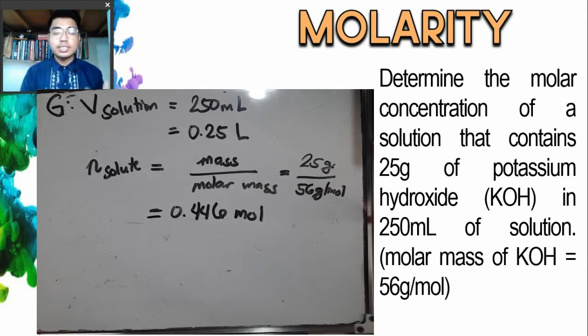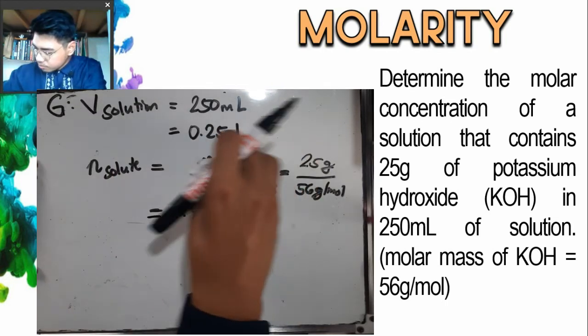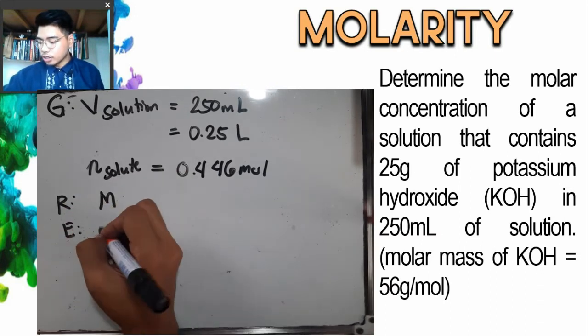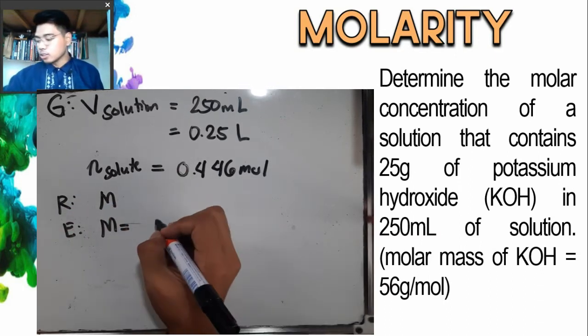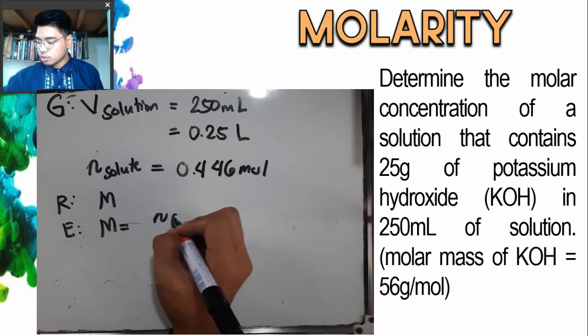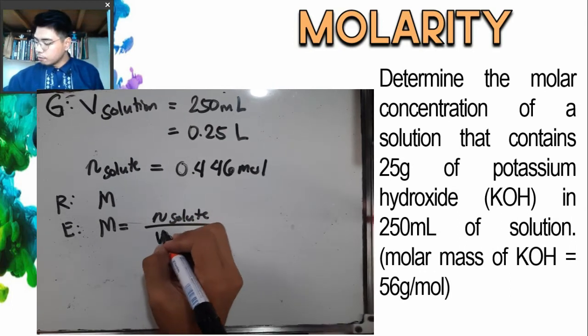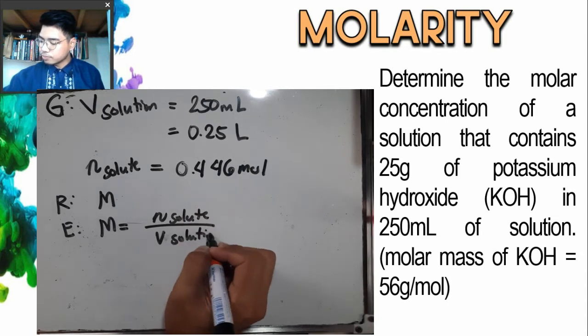Okay, so this is the number of moles that we are going to utilize in this particular problem. So now, let's consider this value. Required, we are looking for the molarity. Our equation: molarity is equivalent to the moles of solute over volume of solution.